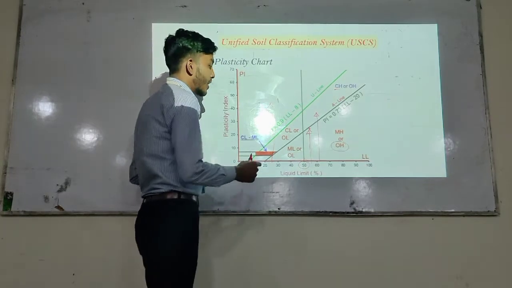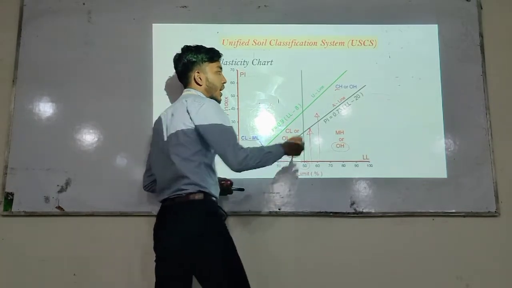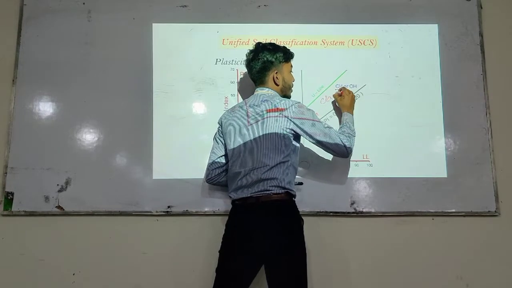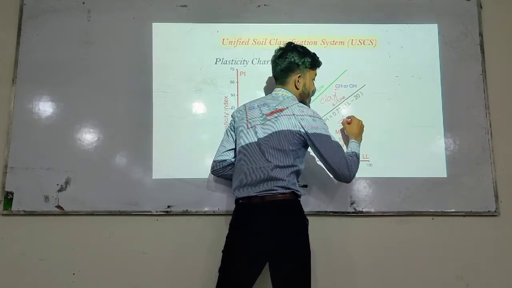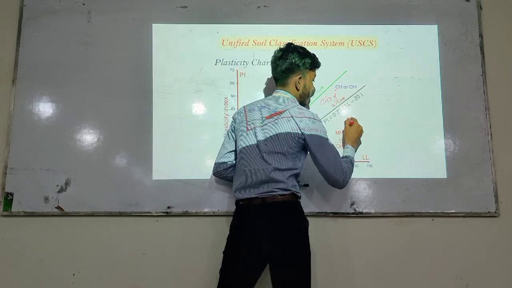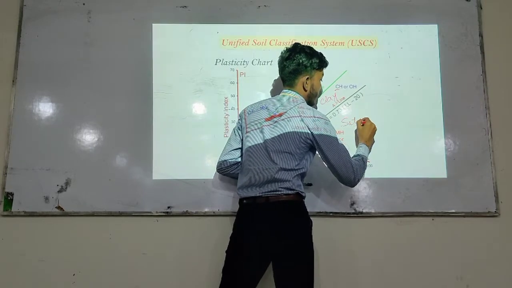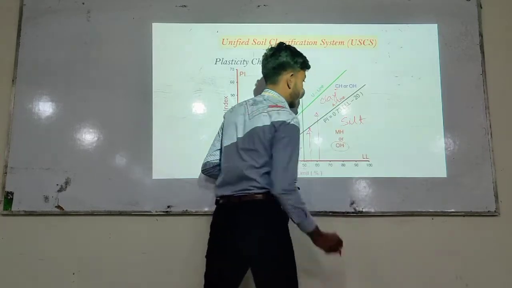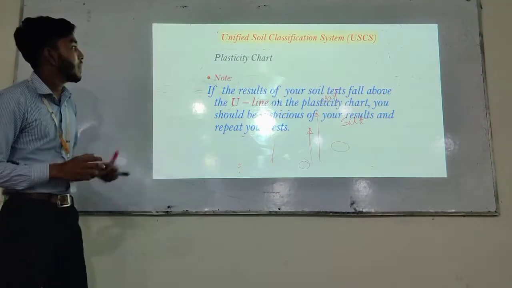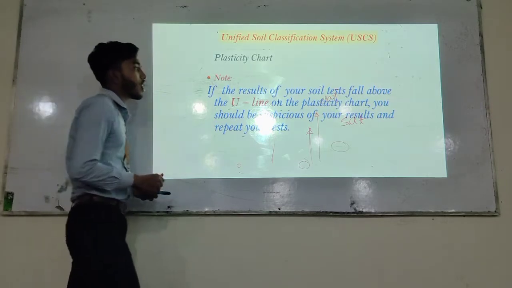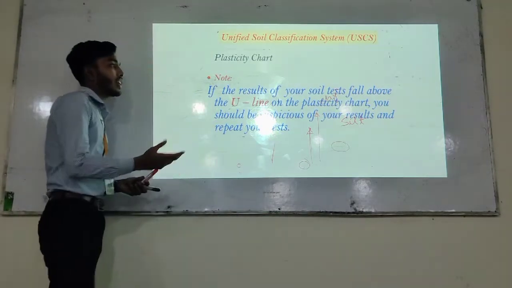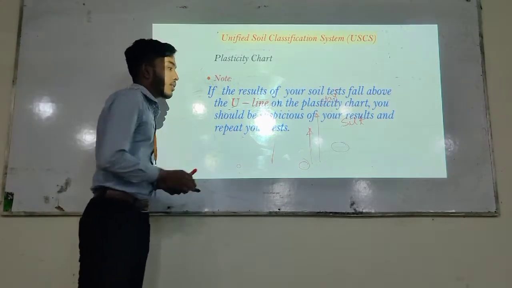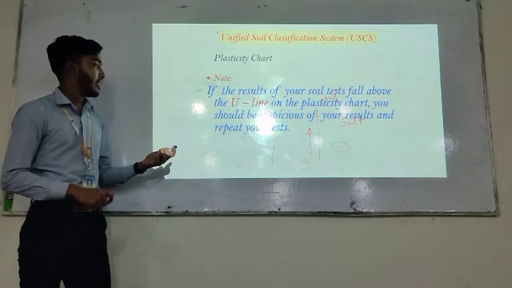That means when it's above the line, it's the clay part, and this is the silt part. I already described this chart. If the result of our soil test is beyond the U line, we need to repeat the test.